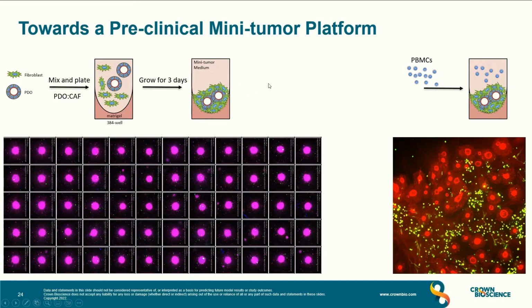We're trying to set up a preclinical setup where we have high throughput capabilities to study these mini tumors. If we zoom in on the right side, we already have quite a nice example of tumor organoids that have been cultured with PBMCs, and we can quantify infiltration into these mini tumors and killing when we stimulate with different drugs or superantigen.